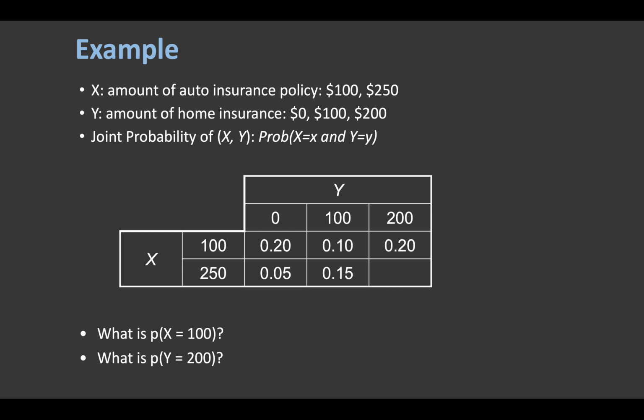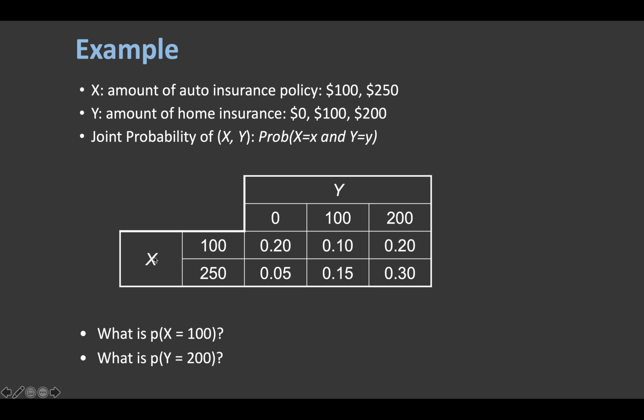So basically, we actually missed one corner here, but it doesn't change anything. If we want to find out P(x = 100), we don't really care what y is. We need to count all of them. So y can be equal to 0, 100, or 200.